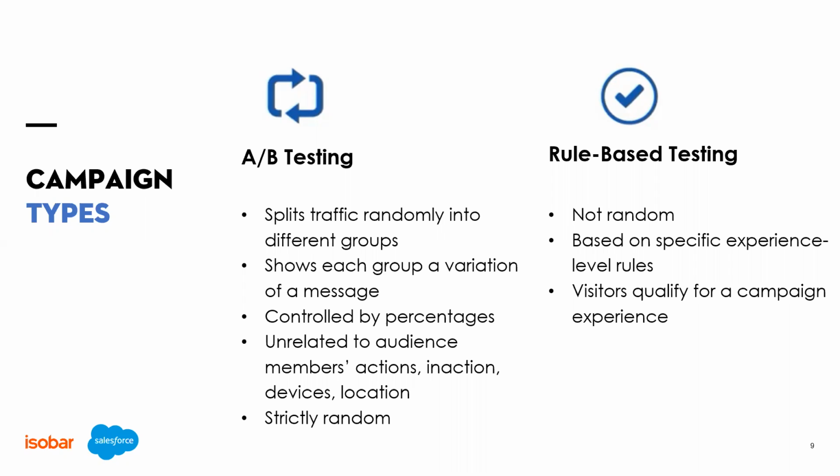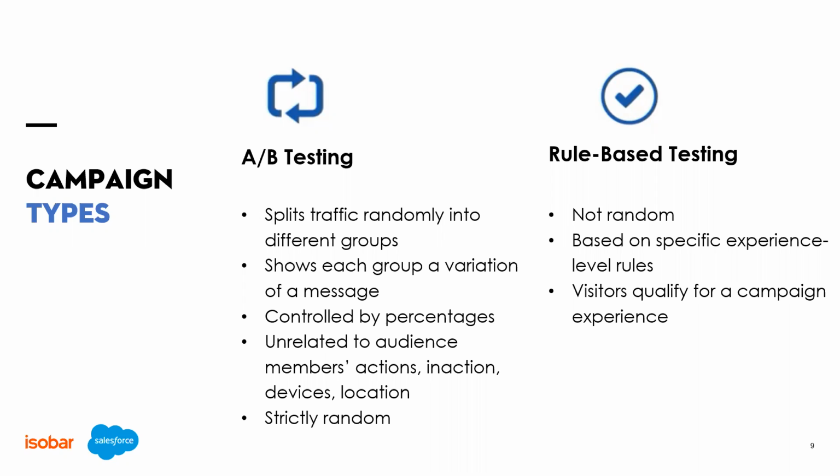It doesn't mean that the system will choose based on previous customer behavior or some customer attributes or actions made previously which group this person will attend or which experience he or she will see. But this is, as it said, strictly random. So you have an amount of audience, you divide it by percentages, and then the system divides the audience strictly randomly.